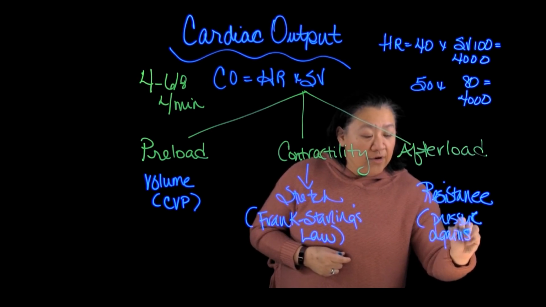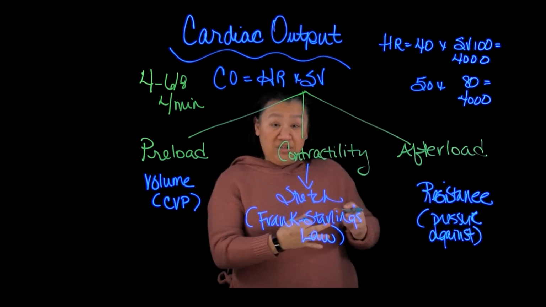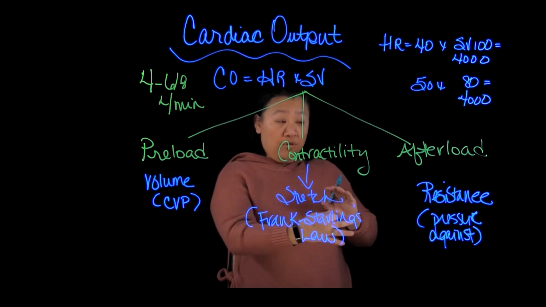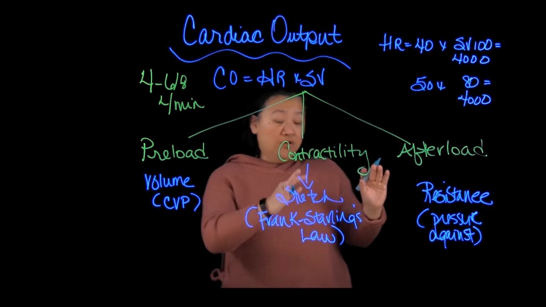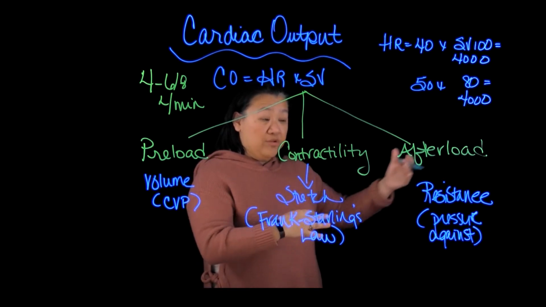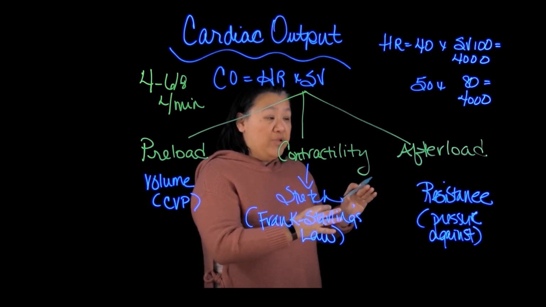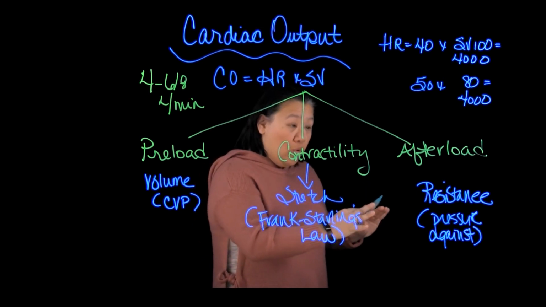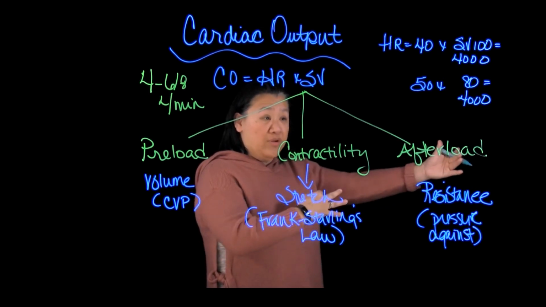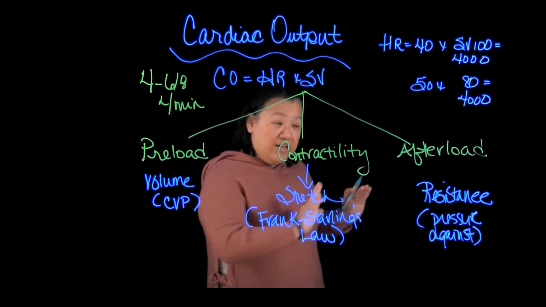The higher the resistance, the harder the heart has to work. For example, when you open a door with a lot of wind coming at it, you have to exert a certain amount of force to overcome the wind pressure pushing against you. That's resistance.